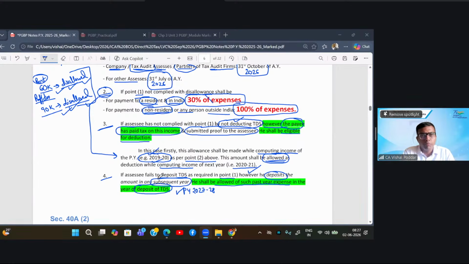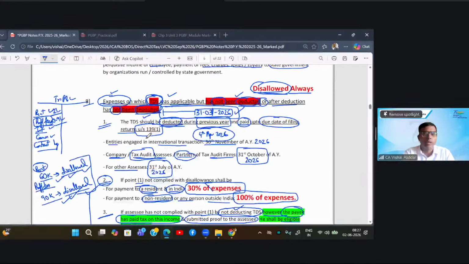Now, students, in both these cases, third and fourth, what has happened? Originally, the expense was disallowed in the original year, but in subsequent year, whenever you complied with the condition, the deduction was allowed back to you. What has happened because of this relaxation, both 3 and 4?